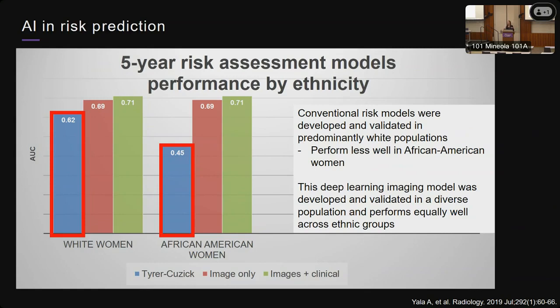However, this particular deep learning imaging model had a larger group of patients, and so it ended up performing equally well in white women and in African American women. So this is what I mean about thinking about not introducing bias into our data sets and making sure that we're using data sets that allow us to be generalizable to the United States population or wherever we want to use them.